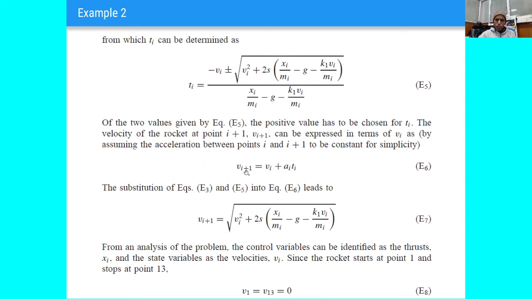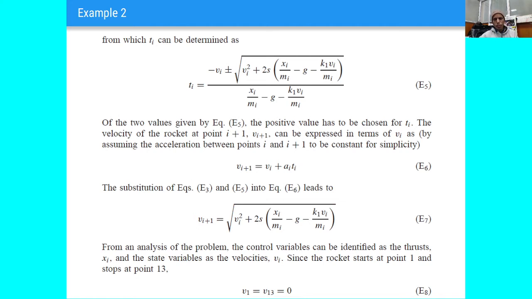Any confusion up to this point, any doubt in any equation, so that the problem does not become complex? Any doubt? Okay. So vi plus 1 equal to vi plus ai ti. This is equation number 6.